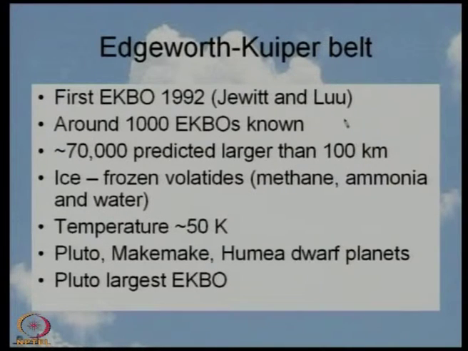And what is the method used to find such objects in the sky? What is the method used to find asteroids, for example, or objects in the Kuiper belt? The method is quite simple actually.